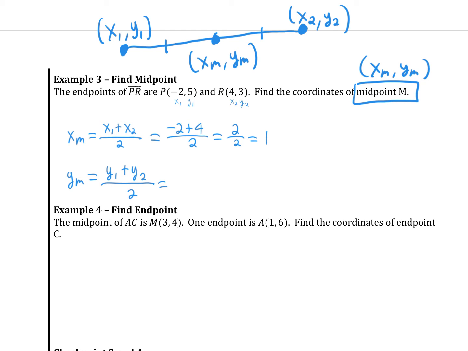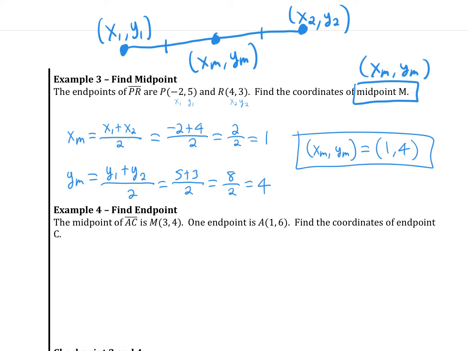And over here we had 5 plus 3 all over 2, which equals 8 over 2, which equals 4. So x sub m, y sub m, the coordinates of the midpoint, equals (1, 4).